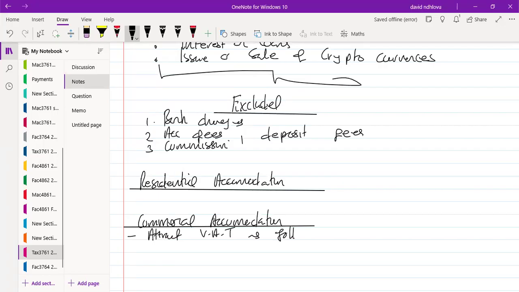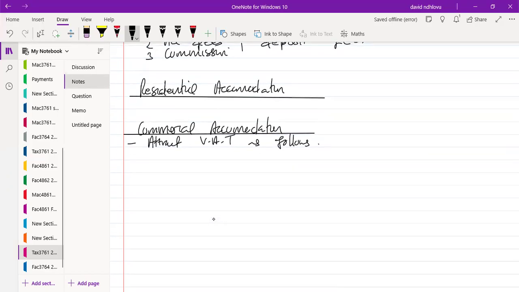Remember we said if commercial accommodation income is below 120,000, then it is not an enterprise and will not attract VAT. But if the total value exceeds 120,000 in 12 months, there's going to be VAT, but it is going to be levied as follows.